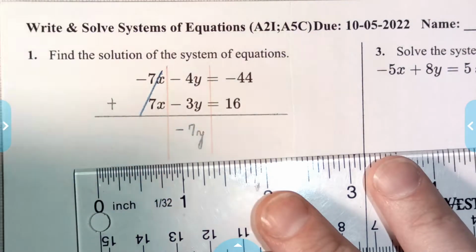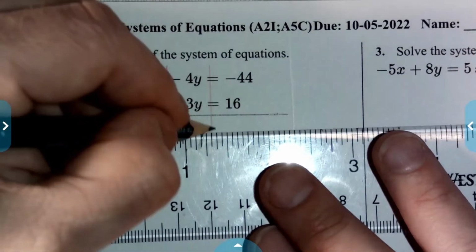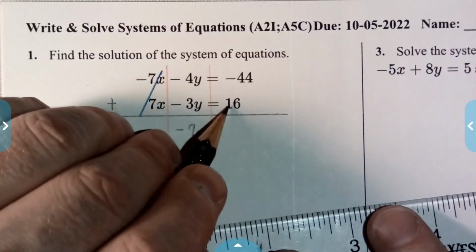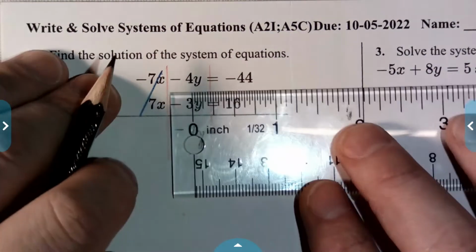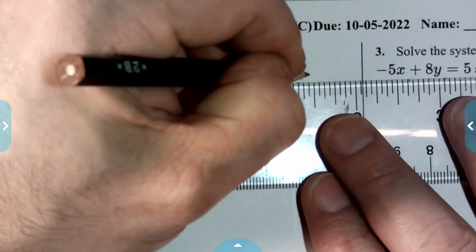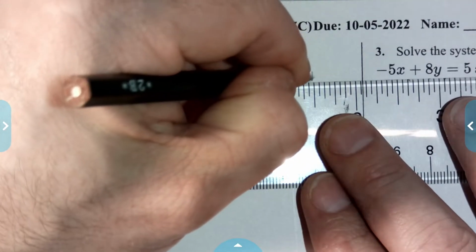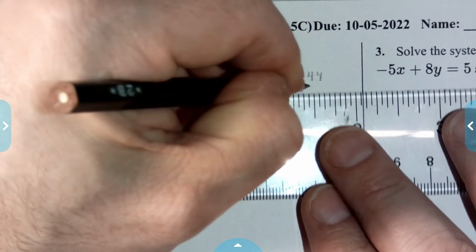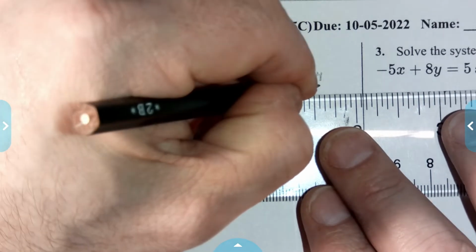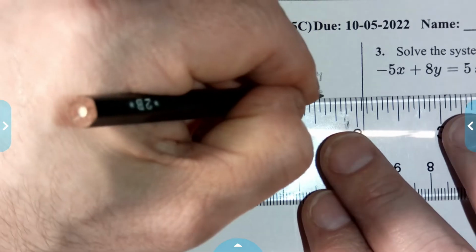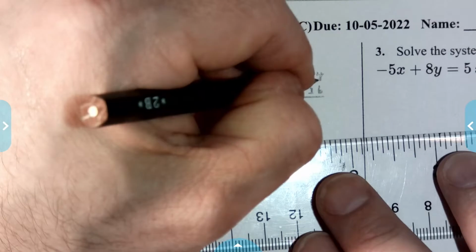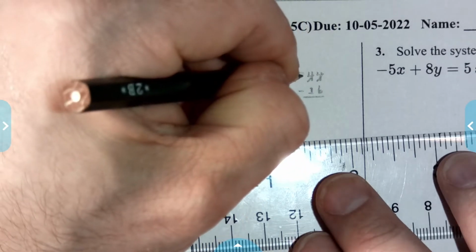So negative 7y equals, and then we add negative 44 and 16. Well, over in side work, we can do 44 minus 16 and just make the answer negative. And I need to borrow.